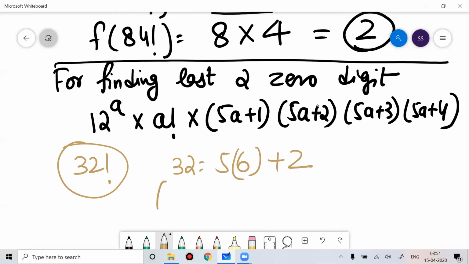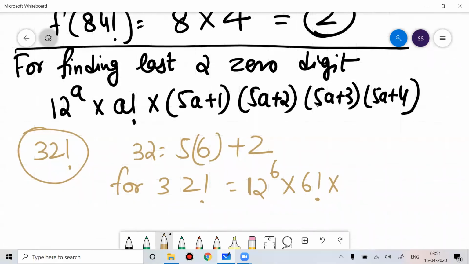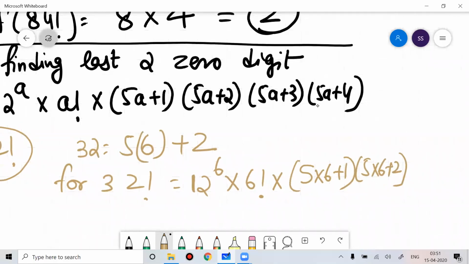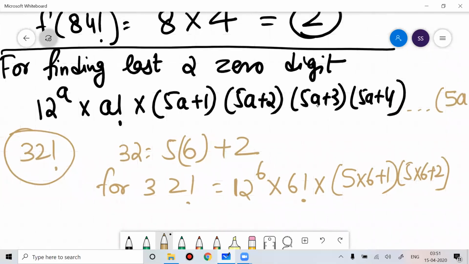So for 32 factorial, you do 12 to the power 6 into 6 factorial into, because the remainder is only 2, you write till 2: 5 into 6 plus 1 into 5 into 6 plus 2. That's it. You go till 5a plus b, depending upon the remainder. So don't think that every time you have to go up to 4.